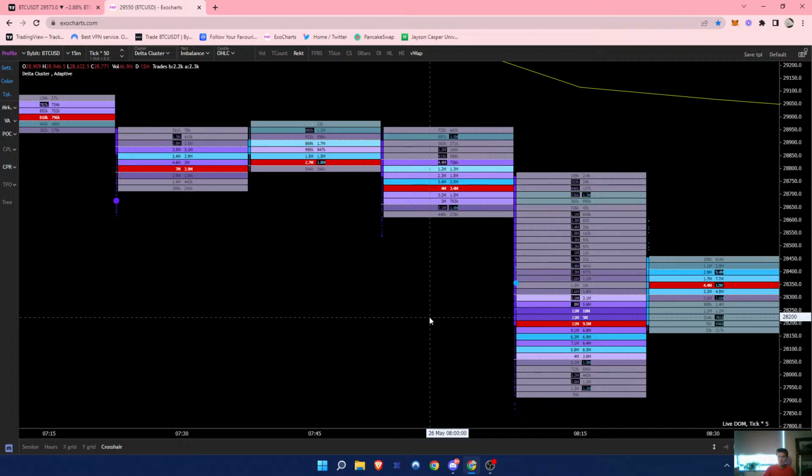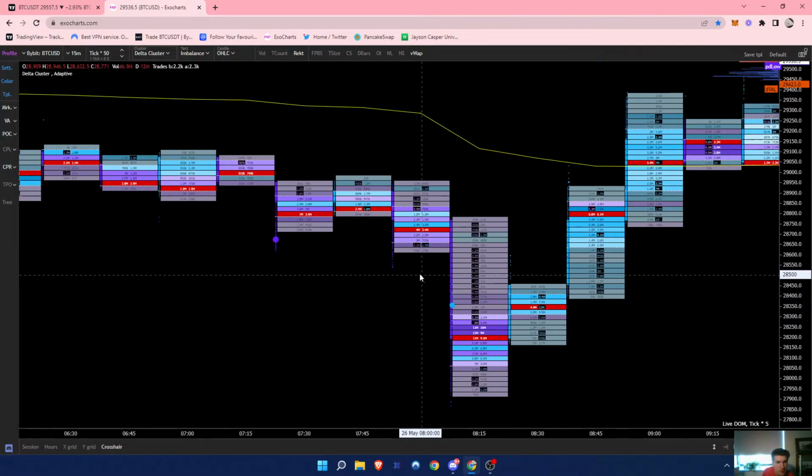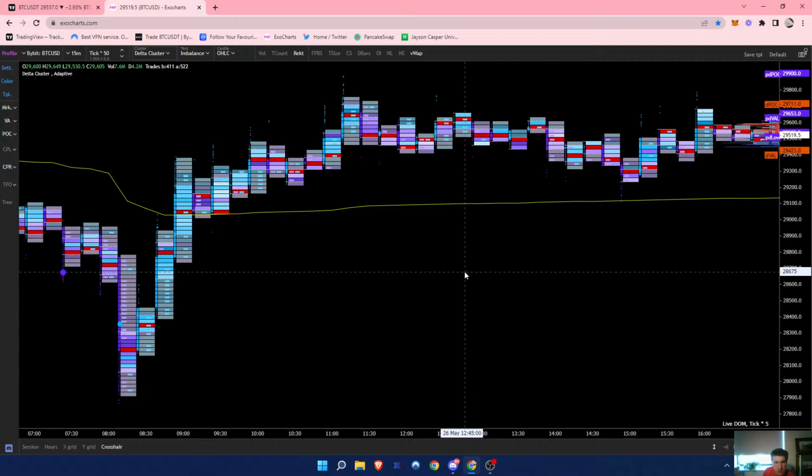But again, typically with imbalances, you want to see stacked imbalances, which are like 3 or more of those rows being highlighted. So very, very nice to see and look at.